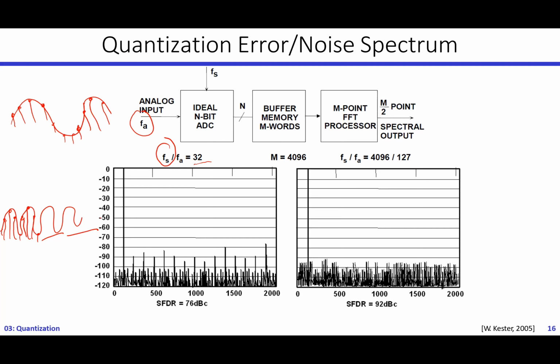It's not uniformly distributed, and if this happens, then the quantization error is a function of the input signal. This means that it's going to appear as distortion in my spectrum. Is that making sense to you?